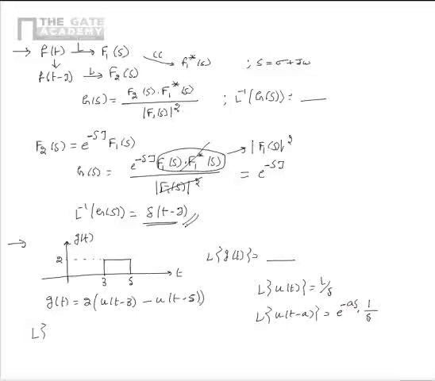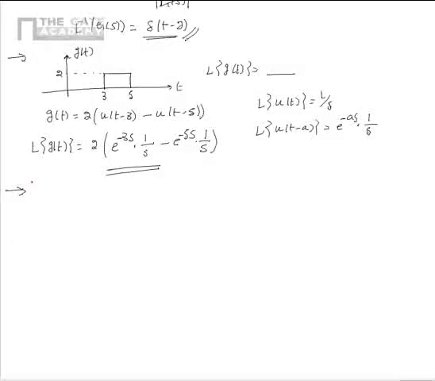From this, Laplace transform of g of t is equal to 2 multiplied by e power minus 3s into 1 by s minus e power minus 5s multiplied by 1 by s. So this is the Laplace transform of g of t.